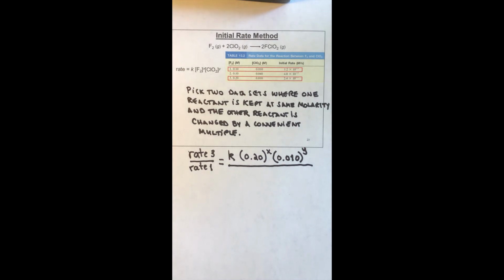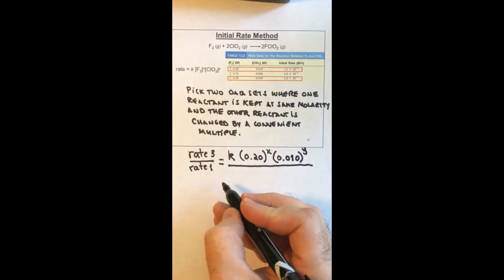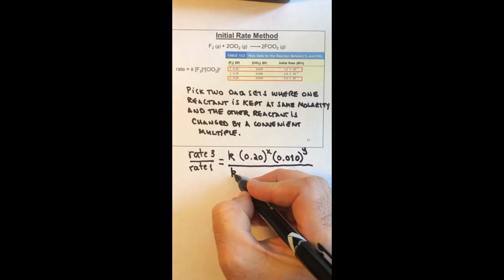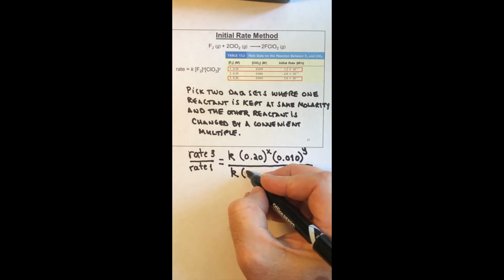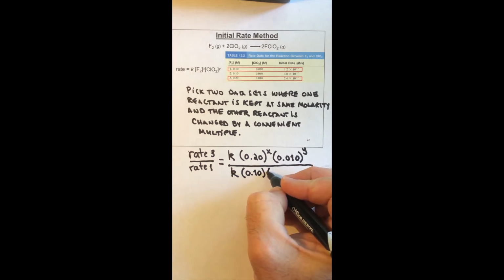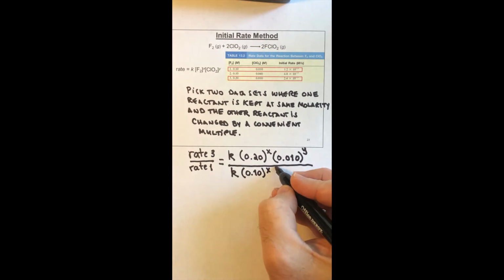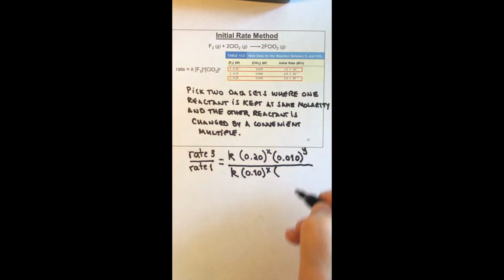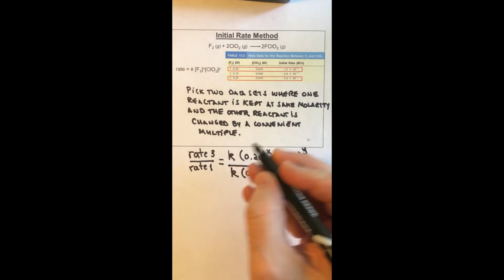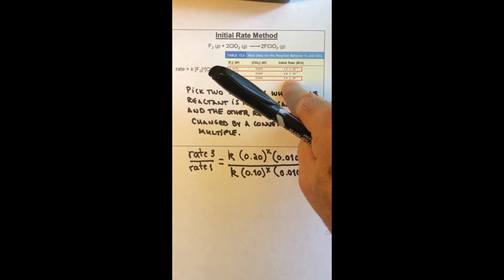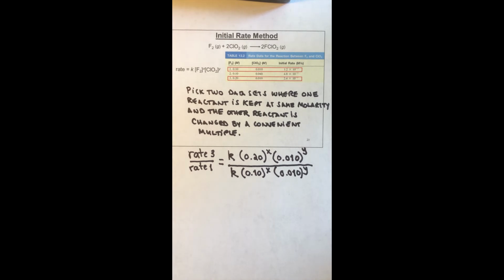Now, for the first set, the rate should be equal also to the same constant times whatever the molarity of fluorine is, which in this case is 0.10 to the x power, times the concentration of ClO2, which in this case we kept the same. You'll see why mathematically in a moment. Okay, so let's look at the rates for these two experiments. For experiment 3, it says here 2.4 times 10 to the negative 3.